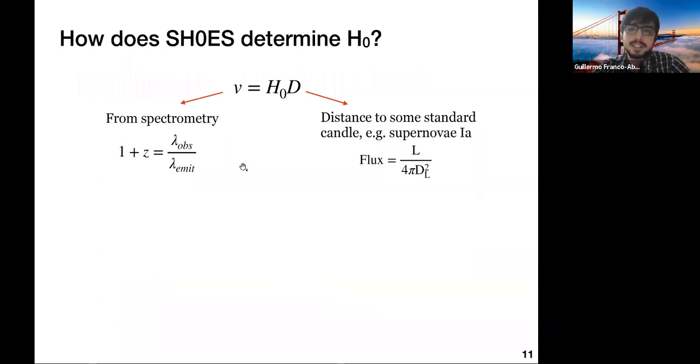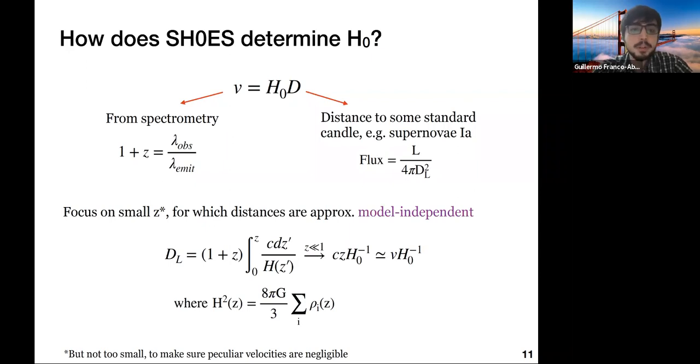And they also measure the distance to that object. In general, you will want this object to be a standard candle, such as supernova 1A. This means that it is an object for which you can calibrate the intrinsic luminosity using some technique. And then by comparing with the observed flux, you can obtain the distance to that object. So once you get this measurement of the velocity and the distance, you can get the Hubble constant from this relation.